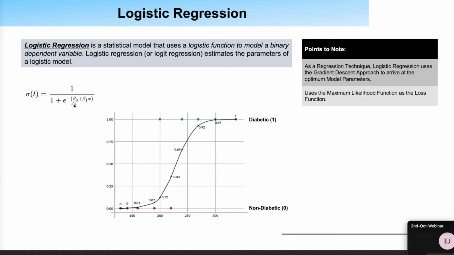Now when it learns the parameters, the logit function parameters beta 0, beta 1, etc., it is able to predict the probability value. Let me rephrase it. It is going to give you the probability value of your output being 1.